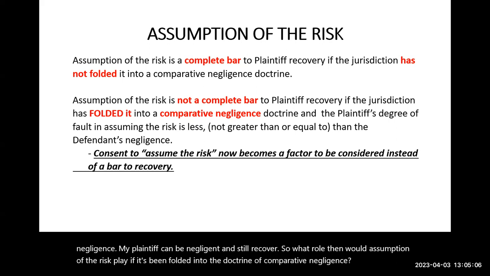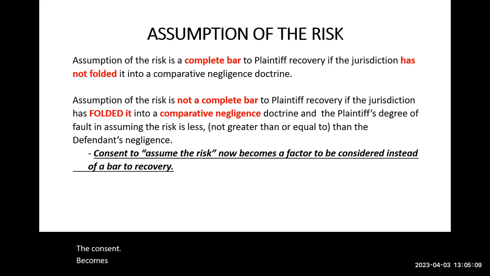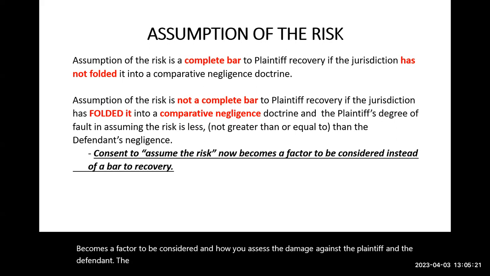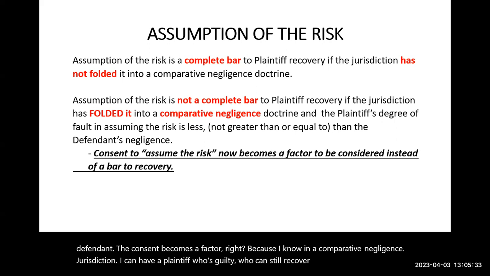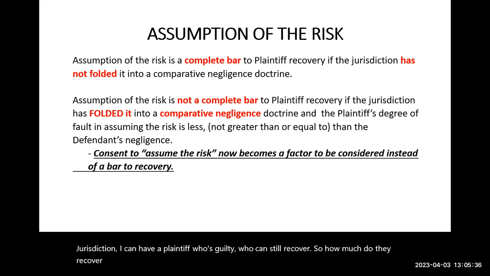The consent becomes a factor to be considered in how you assess the damages against the plaintiff and the defendant. Because I know in a comparative negligence jurisdiction, I can have a plaintiff who's guilty who can still recover. So how much do they recover? Well, we're going to factor some things in there. One of the things we're going to factor in is going to be consent.